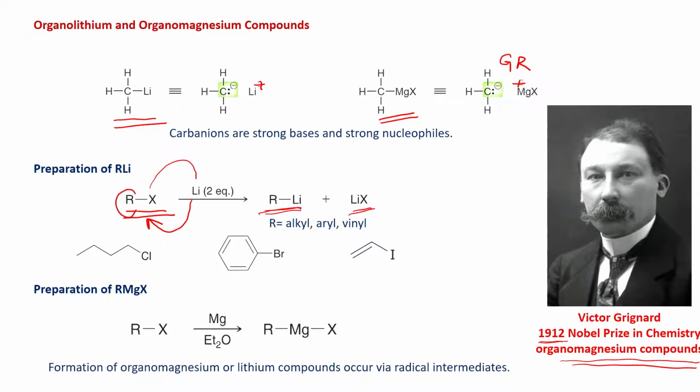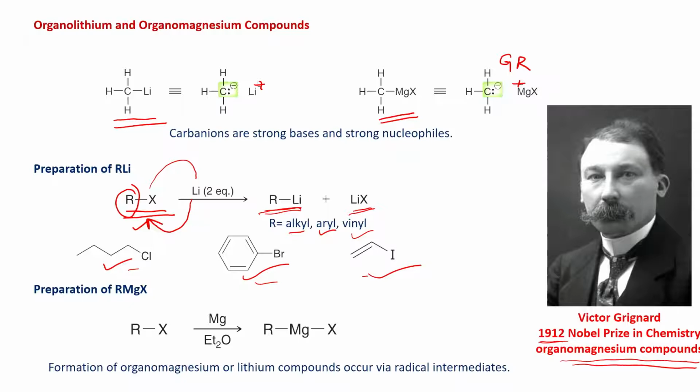In this case, your R can be alkyl chloride, aryl halide, or vinyl halide. So you can make your organolithium compound from an organohalide, and the R can be alkyl, aryl, or vinyl.